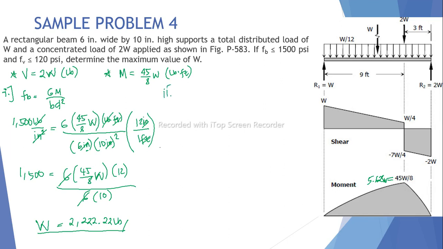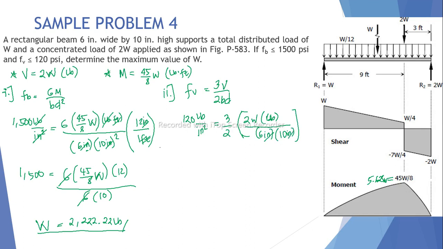Next is the shear. The maximum shear for a rectangular section is 3V over 2BD. We substitute: the maximum allowable shear is 120 pounds per square inch, equal to 3 halves times V, or shear, which is 2W in pounds, over BD, where the base is 6 inches times 10 inches.